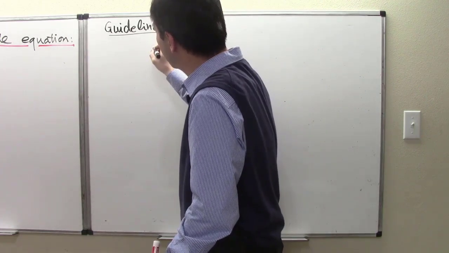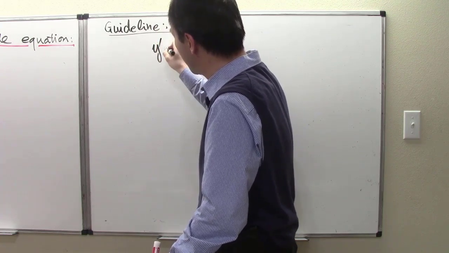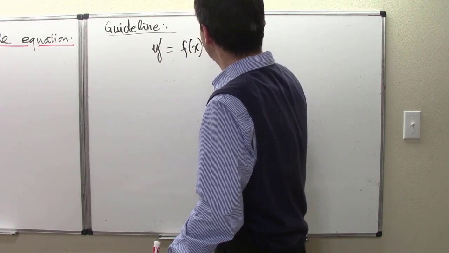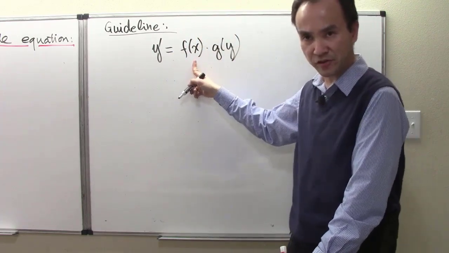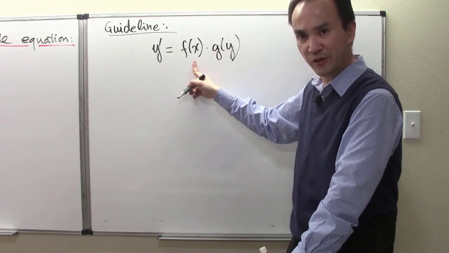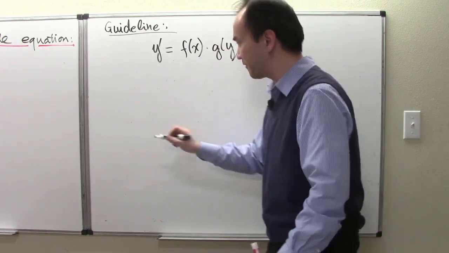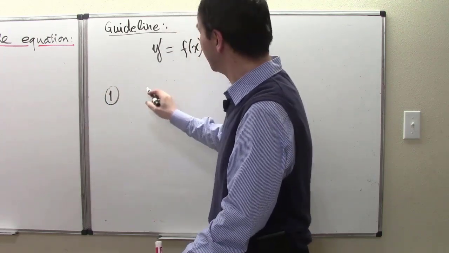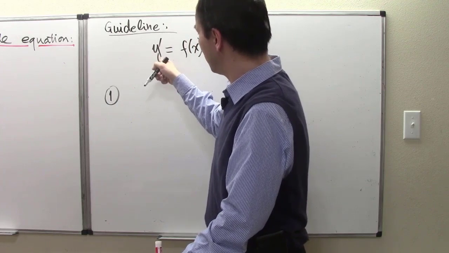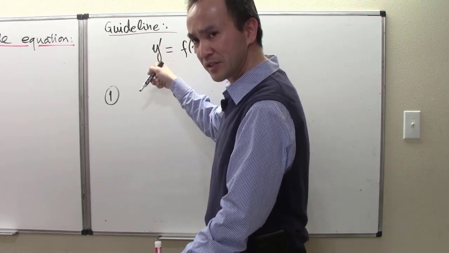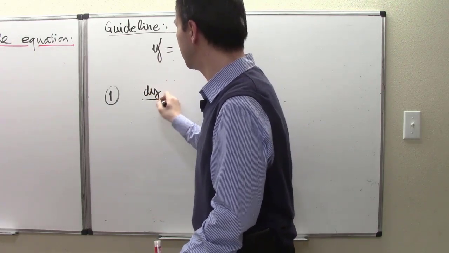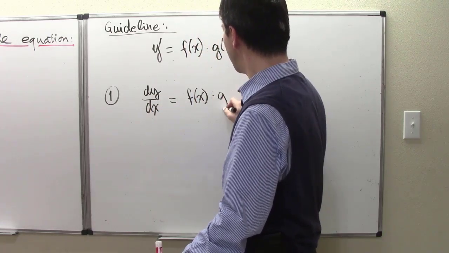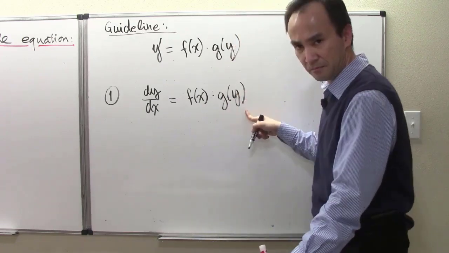The starting point is that we're looking at expressing our equation as y prime equals some function of x times some function of y. That's the major characteristic making it a separable differential equation. Now from this point on, the first step, according to the work I've done back at example 2, is to rewrite that y prime symbol as dy dx, making it equal to f of x multiplied with g of y.